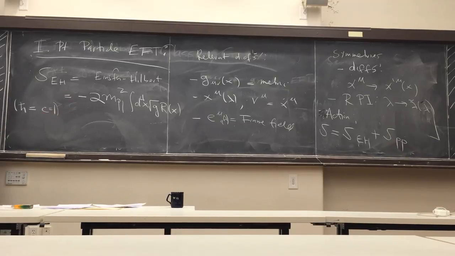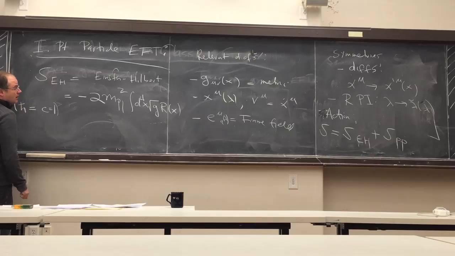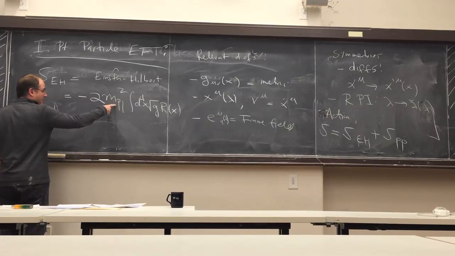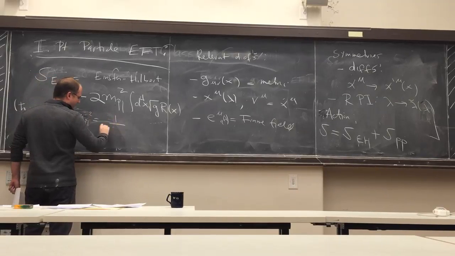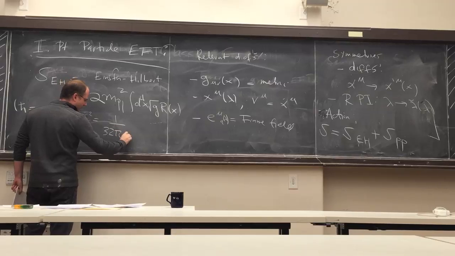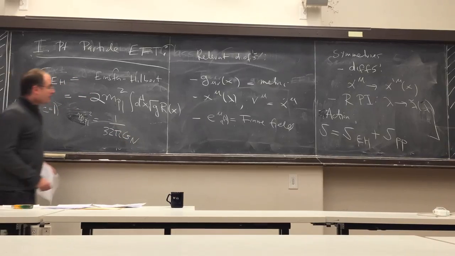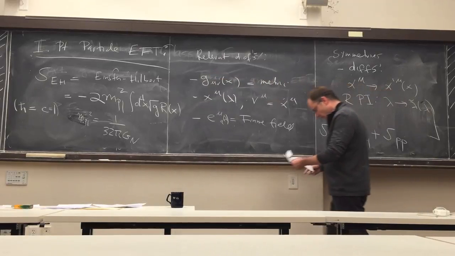So there's no harm in keeping h bar equal to 1. And so, in terms of perhaps more familiar quantities, this m Planck is related to Newton's constant of gravity by that formula, it turns out. So that's the Einstein term, and then there's the terms that describe the point particle.